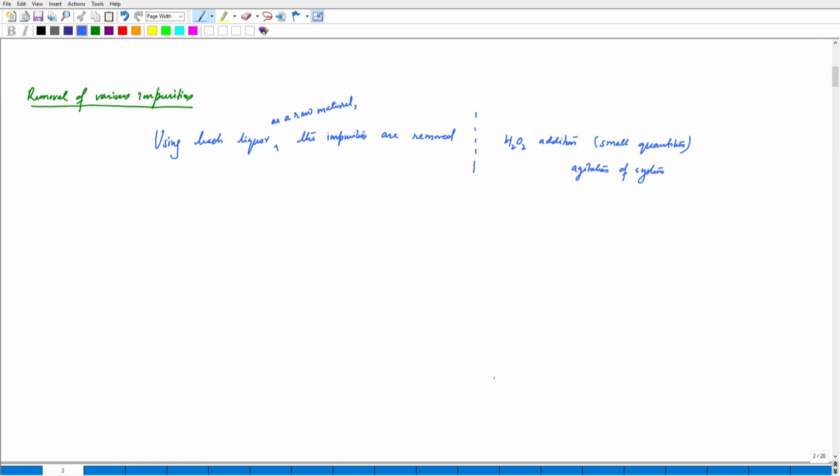Now when we do that, we also can think of balancing the excess acid that is present in the leach liquor. So this could be the first step, and we can have the second step of balancing or neutralizing.